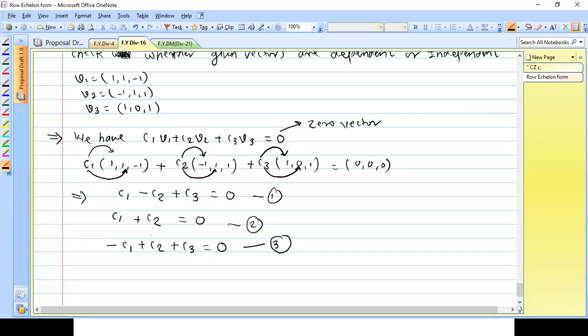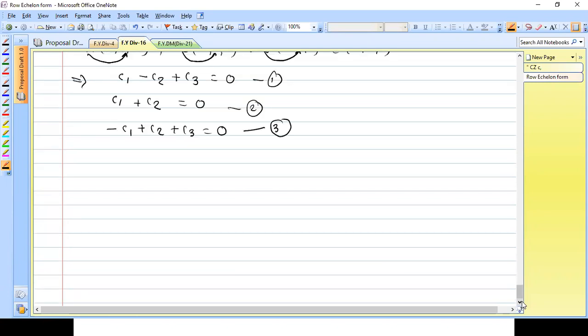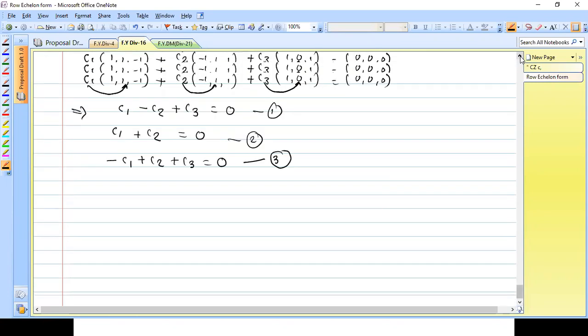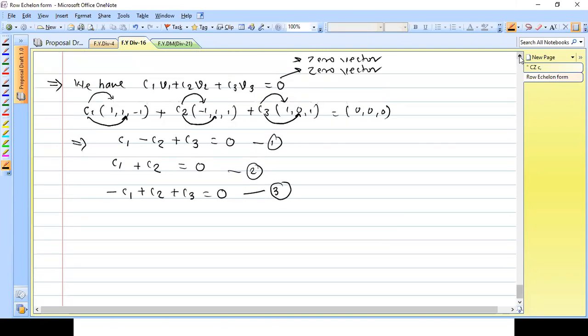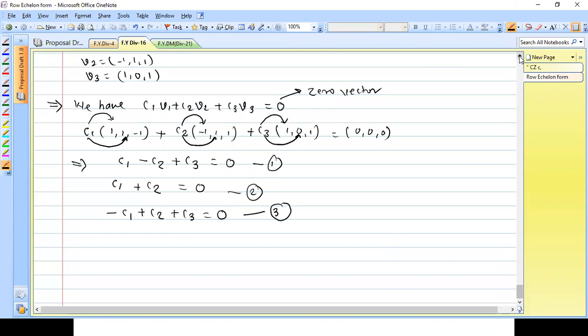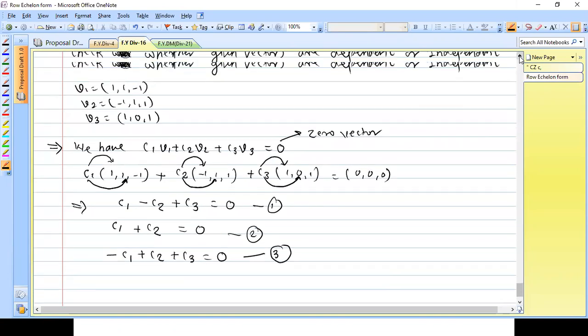Everyone understand? Now tell me whether it is homogeneous or non-homogeneous system. Homogeneous. How to solve the homogeneous system? We can find determinant and check if it is 0 or not. Yes, what they are saying, only check whether it is dependent or independent.